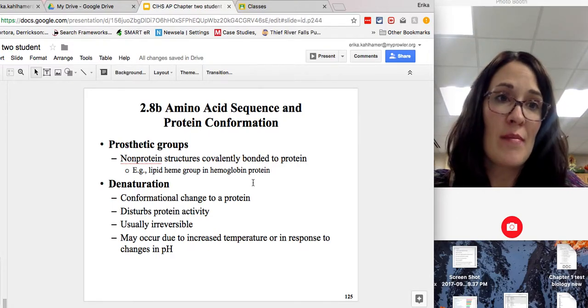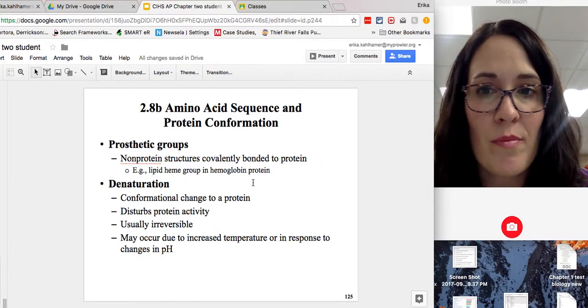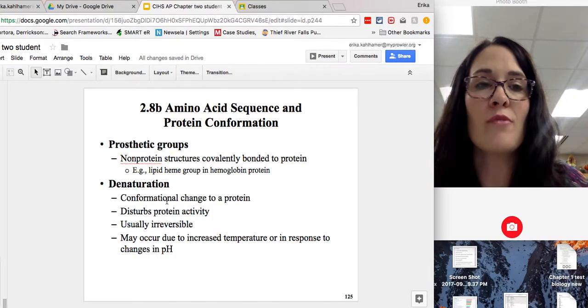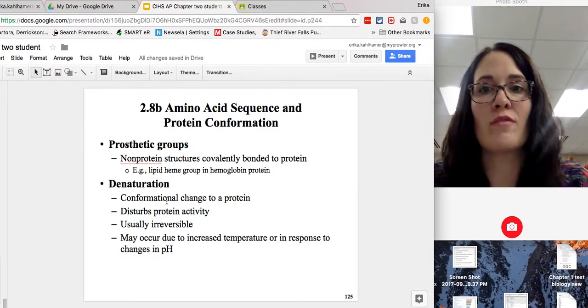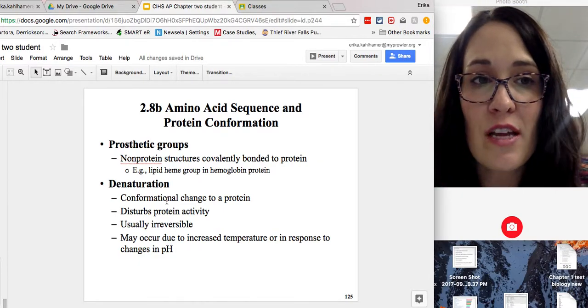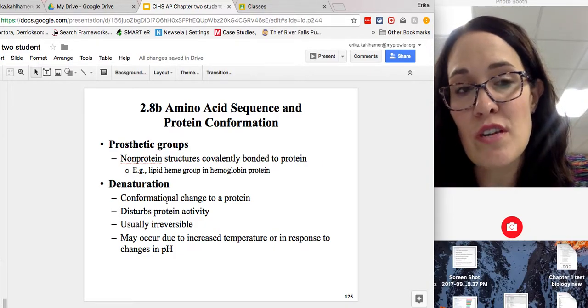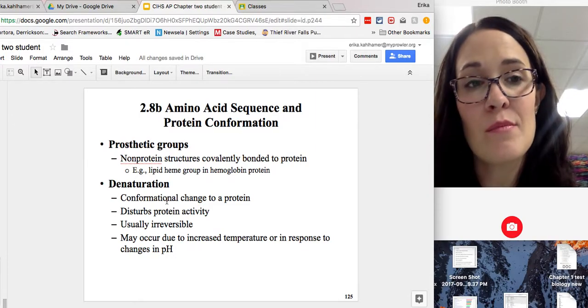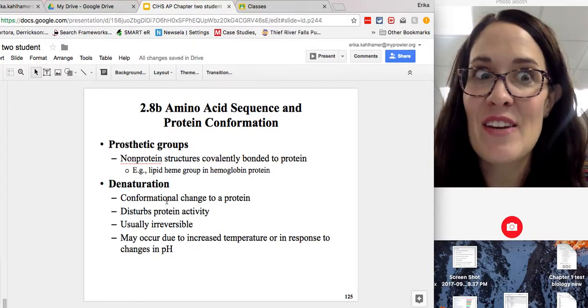Denaturation is something that happens with proteins when their chemical bonding is disrupted somehow. So there's a conformational change, that structure changes somehow in that protein. Usually that change is irreversible, and it will change how that protein works. Usually if a protein is denatured in the body, it's not a good thing.